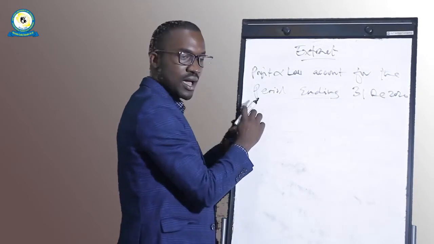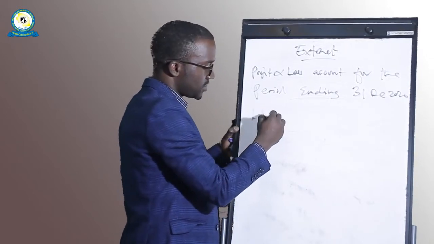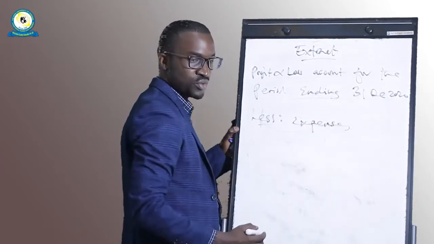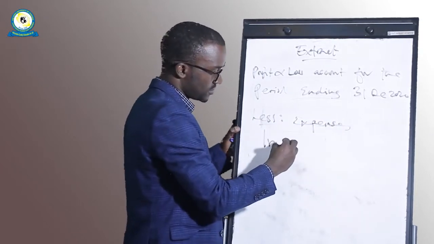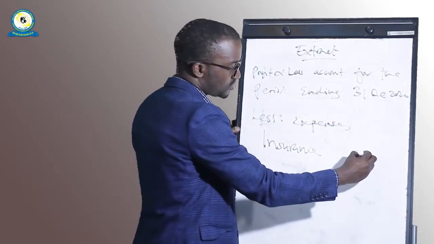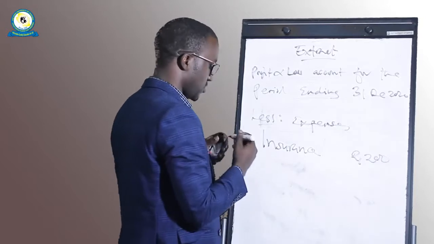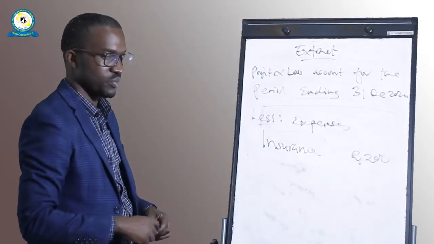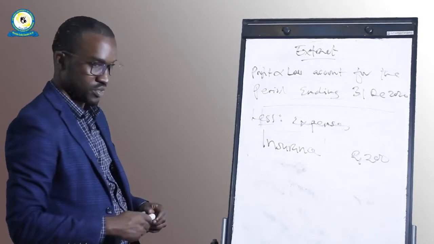Then here, under the expenses, you'll have the insurance. How much was insurance? 2,200. Okay, a simple statement.